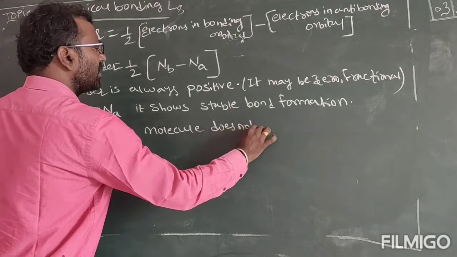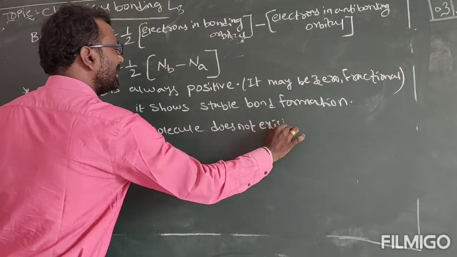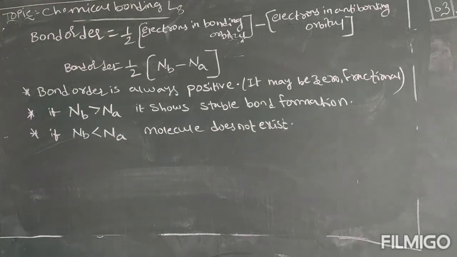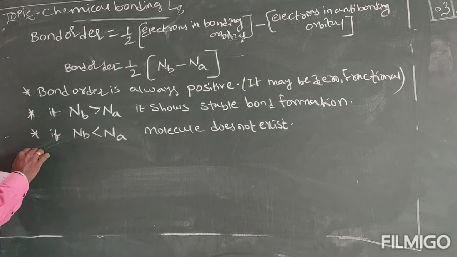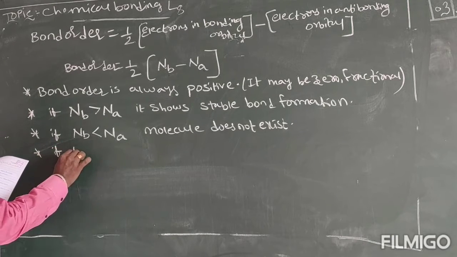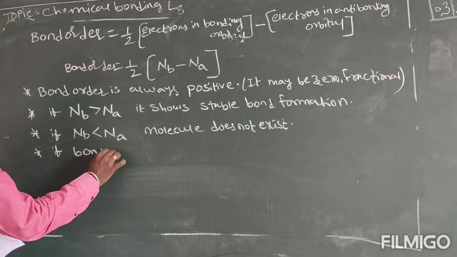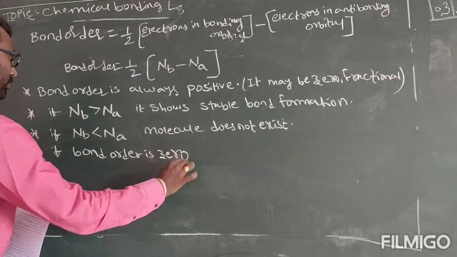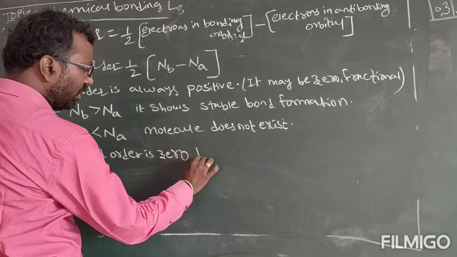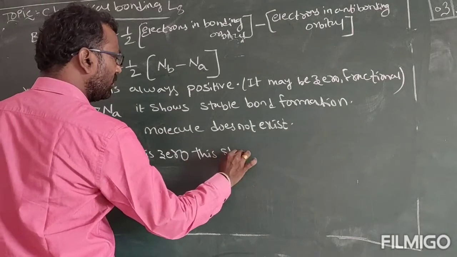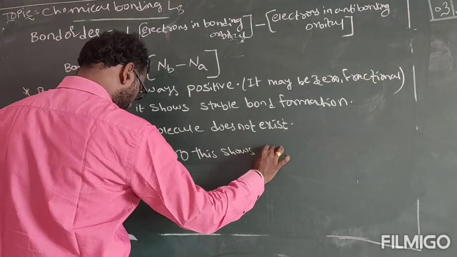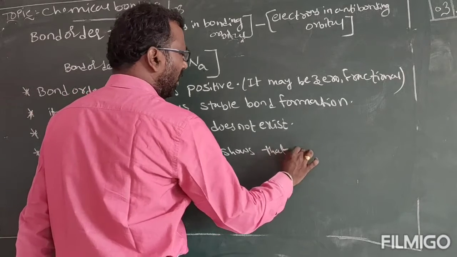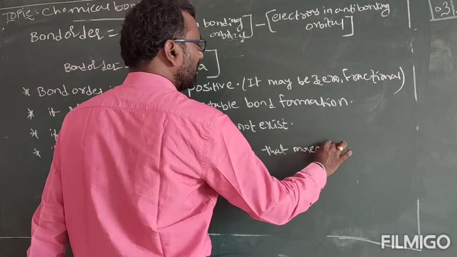Next, if bond order is zero, this shows that molecule does not exist.